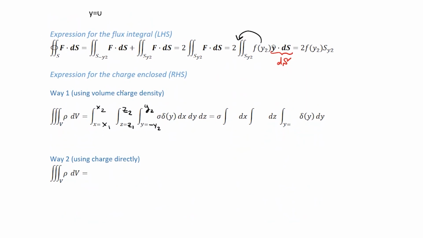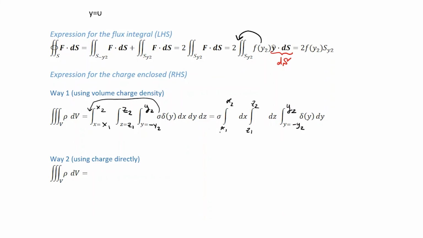Now I separate this integral. Sigma comes out of the integral. Then we have the integral x1 to x2 of dx, z1 to z2 for dz, and y going from negative y2 to y2.